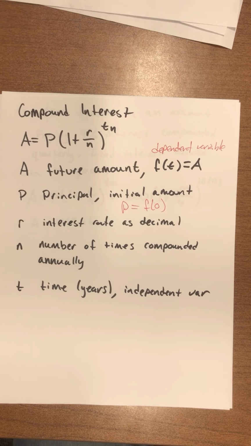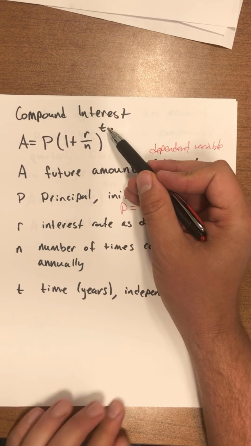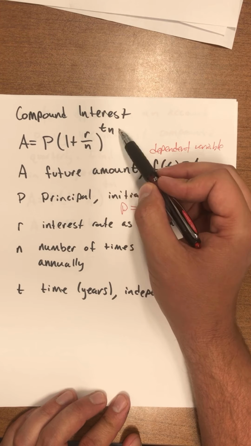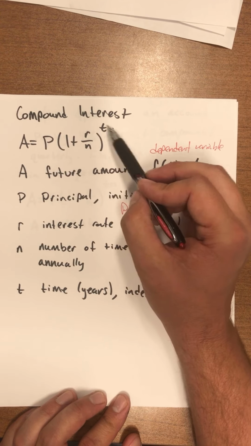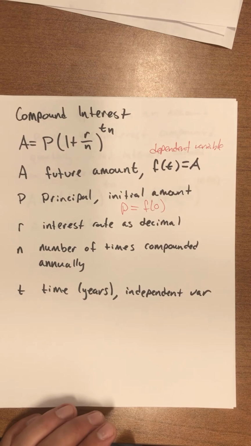So we are going to input different values for time, and we're going to fix r and n and p, and then the dependent variable amount is going to change over time.